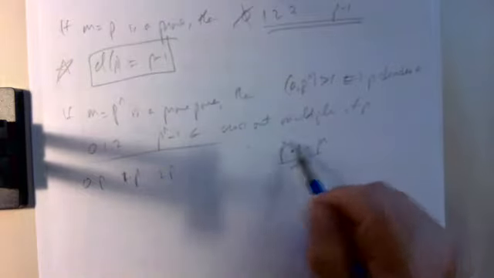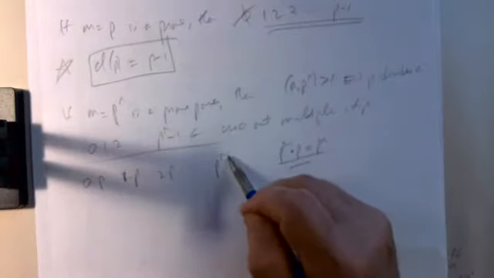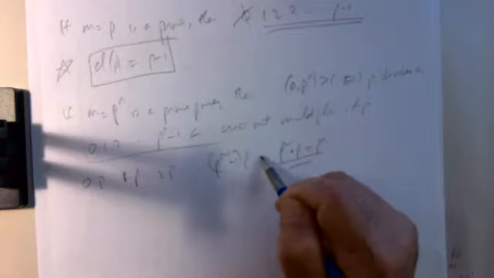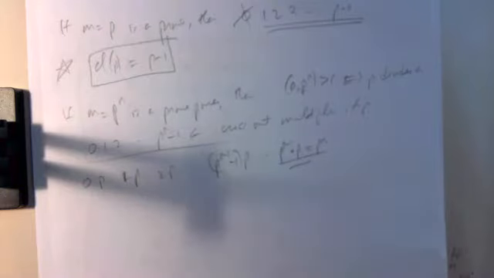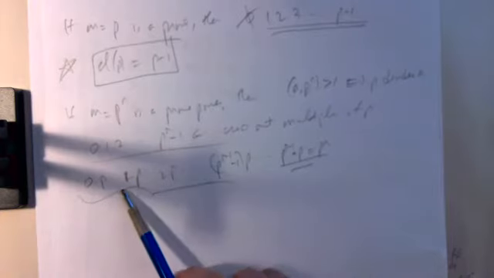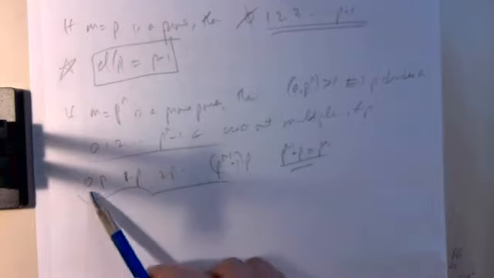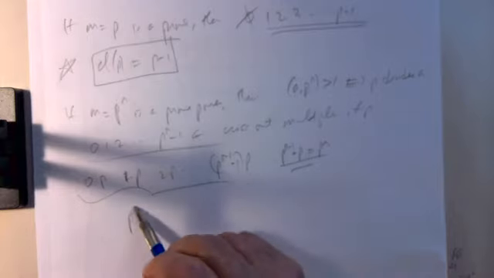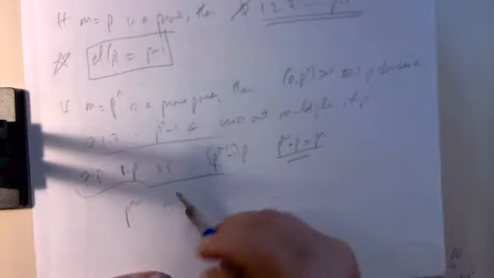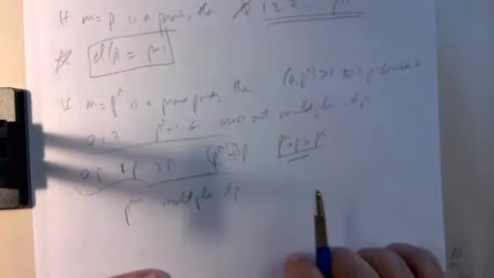So this multiple of p isn't on this list, but p to the r minus 2 times p is on this list. So how many multiples of p are there here? I have p to the r minus 1 positive multiples plus 0 times p. I have p to the r minus 1 multiples of p.